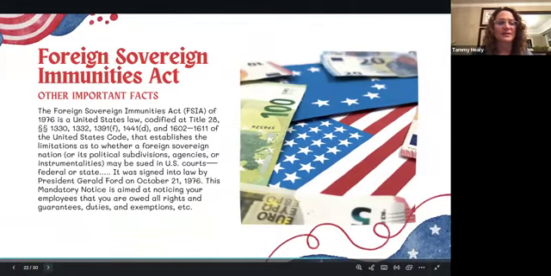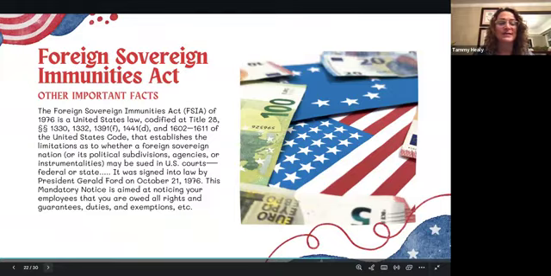Other important facts about this document: the Foreign Sovereign Immunities Act of 1976 is a United States law codified at Title 28, 1330, 1332, 1391, 1441d, and 1602 through 1611 of the United States Code.